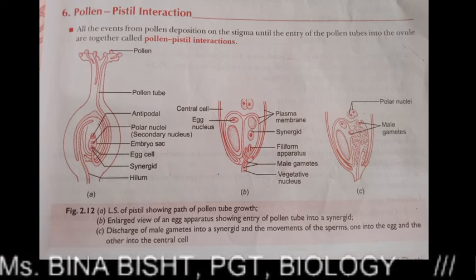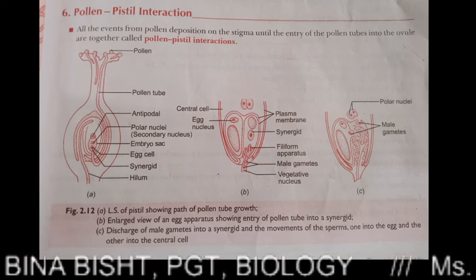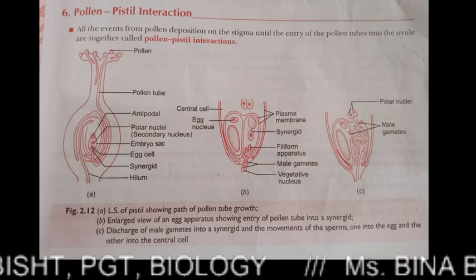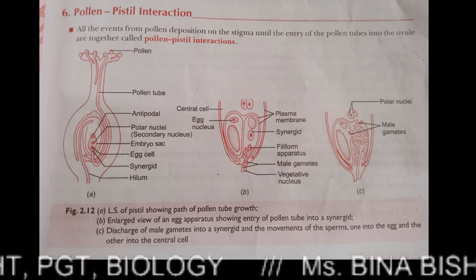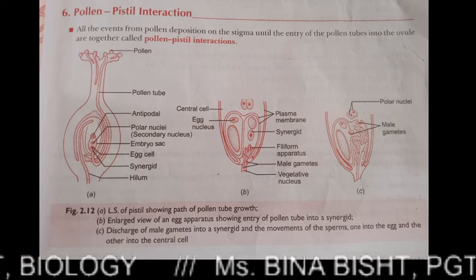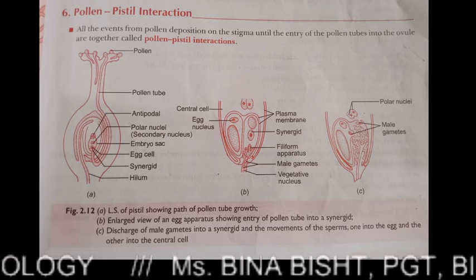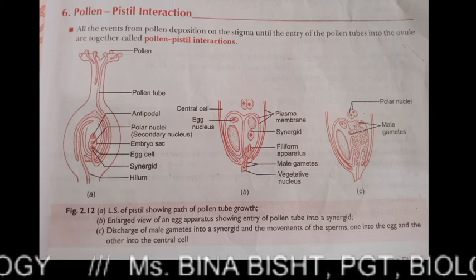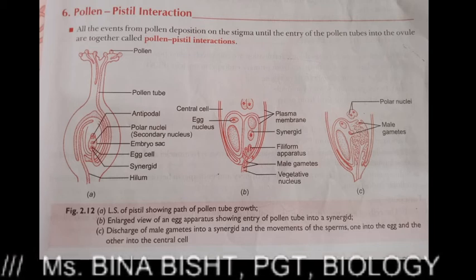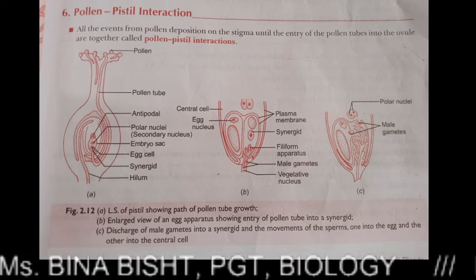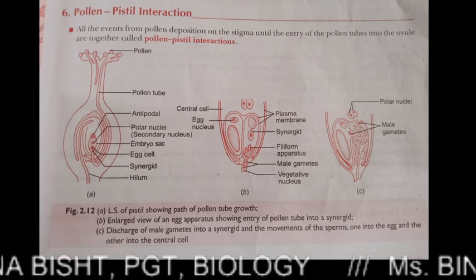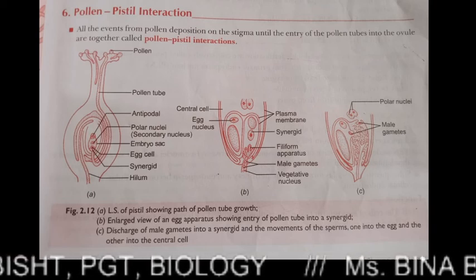Chalazogamy, the second one, means the pollen tube enters the ovule through the chalaza. For example, it occurs in Casuarina plants, where the pollen tube enters from the chalazal site. The third one is mesogamy, which means the pollen tube enters the ovule through the integuments.